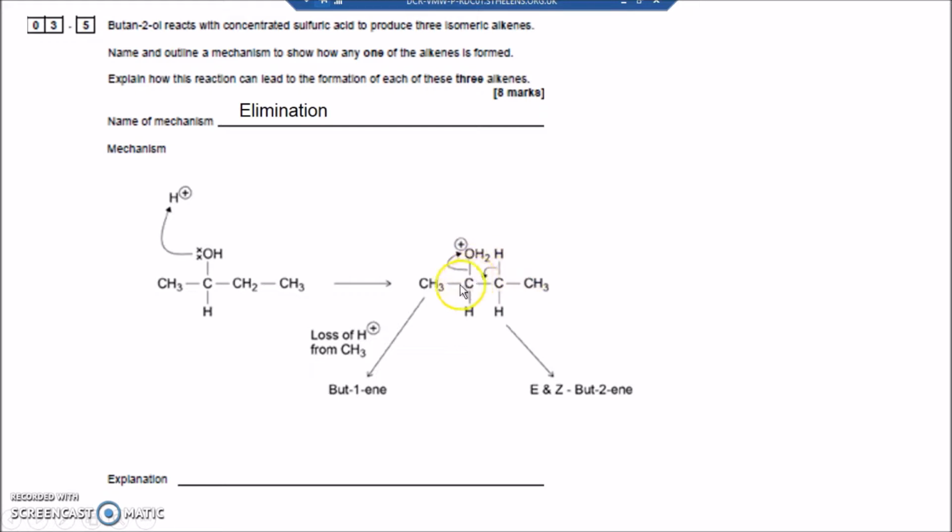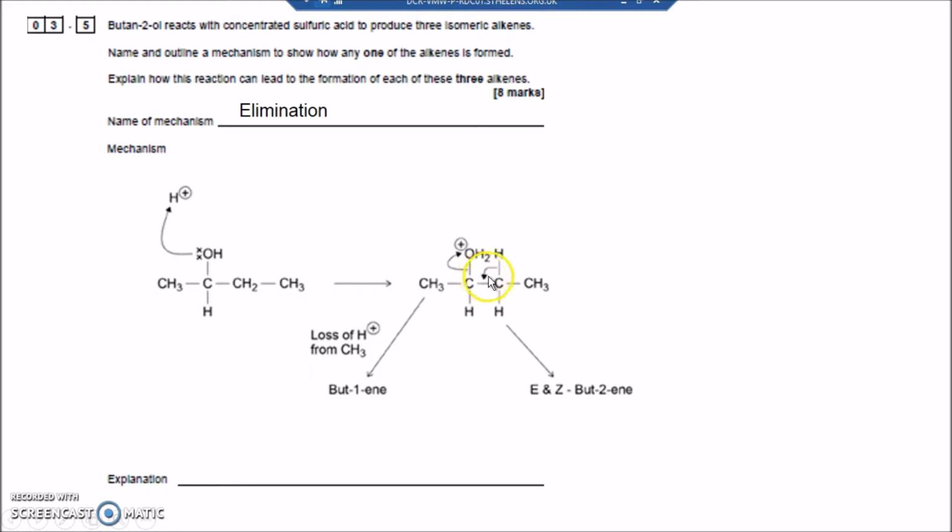At the same time, this carbon, if we're not careful, is only going to have 3 bonds. 1, 2, 3, because this bond's broken. So the H of an adjacent carbon breaks off and the electrons move between the 2 carbons, and then that'll be released as an H+, and that means that the sulfuric acid remakes the H+, and so it's actually a catalyst in this reaction, and the double bond will be here.